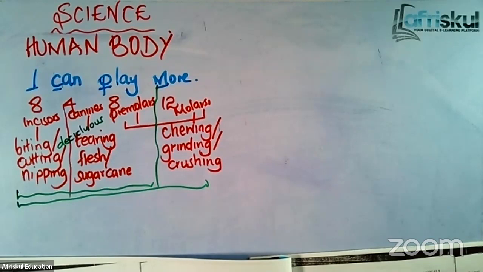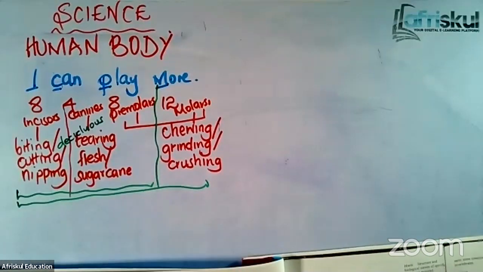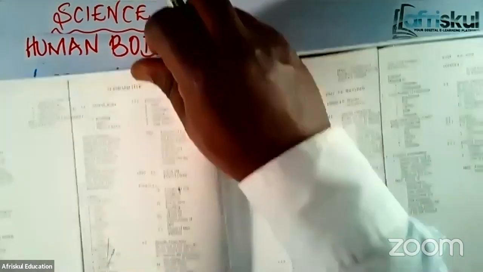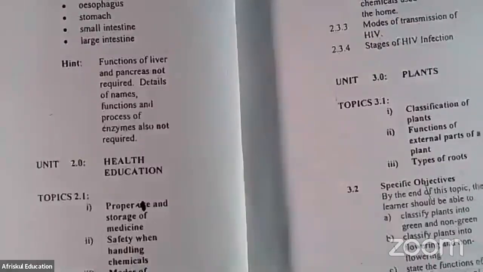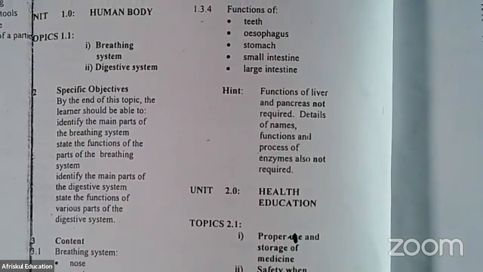I want to move on to class 5. And in class 5, the human body consisted of two systems now. Remember, I said we have now started looking at the internal parts.